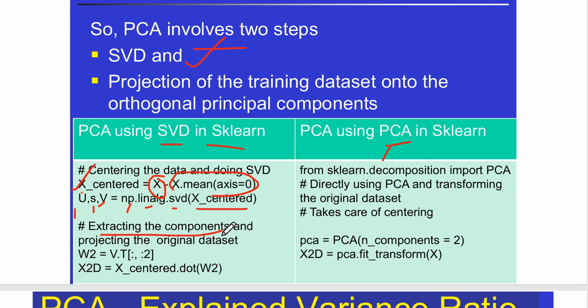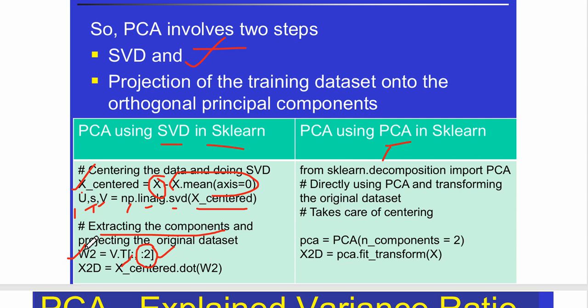After that, extracting the components: how many components you need from that result. I want to extract only two components from the data set, so I am extracting the number of principal components.